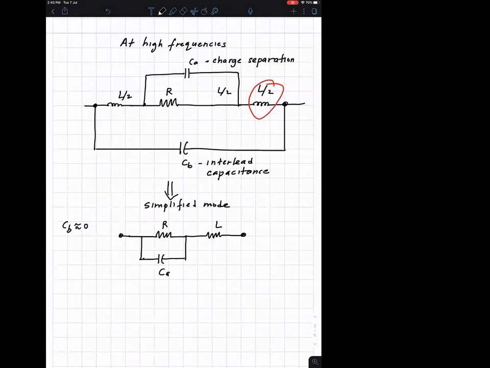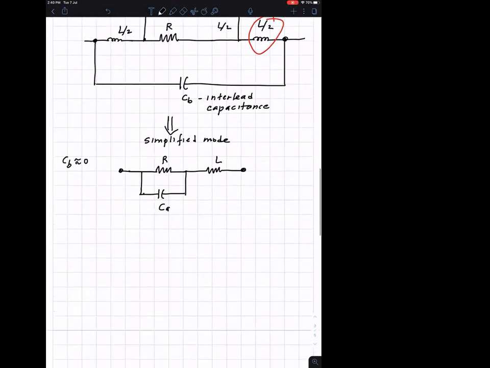So the net CA is going to be, this is the simplified model. So I can simply call CA to be C. Okay, this is a simplified model.